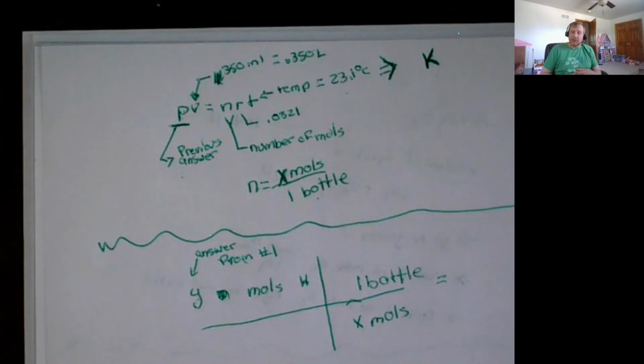This bottle's about a third of a liter, which says that we would need somewhere about 70 bottles, give or take, to get 1 mole. So you could actually work through this problem that way, and then use the combined gas law to adjust for the changes in temperature and pressure off of those nominal conditions at STP. So there's actually a couple of ways to solve this problem, but this particular guidance will work.